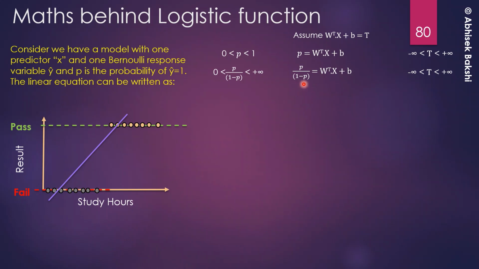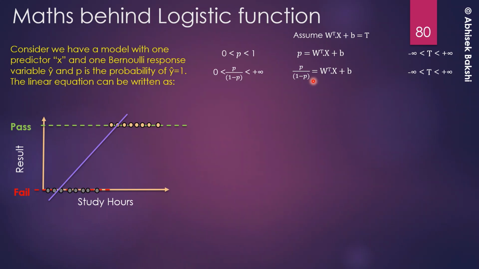Now you see, the value of p by 1 minus p will always range between 0 to plus infinity. Why? p by 1 minus p means odds of p, where p is the probability. And we all know that probability value ranges between 0 and 1. That means the maximum value of p will be 1, and the minimum value of p will be 0. If we put the minimum value over here, then p by 1 minus p will become 0, right?